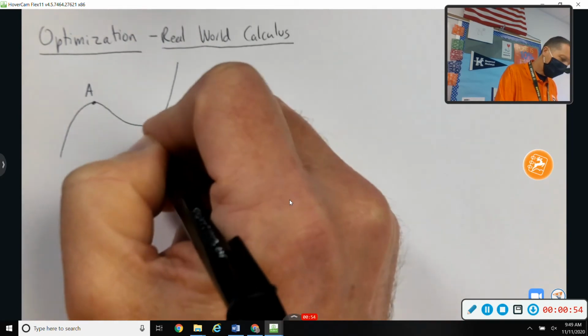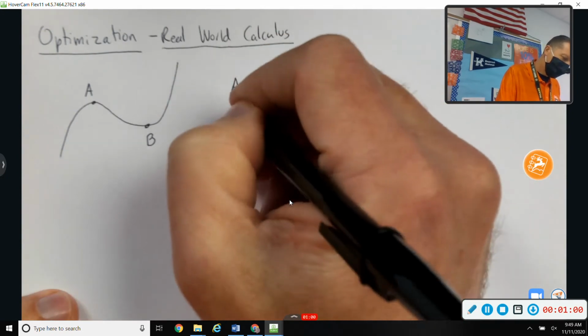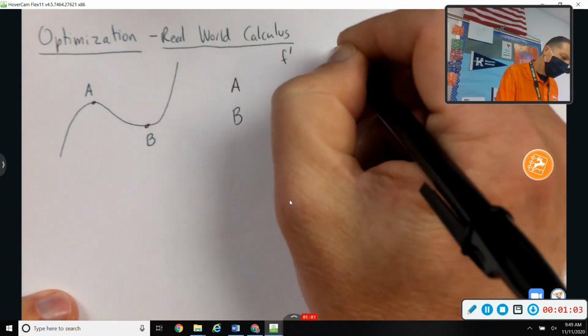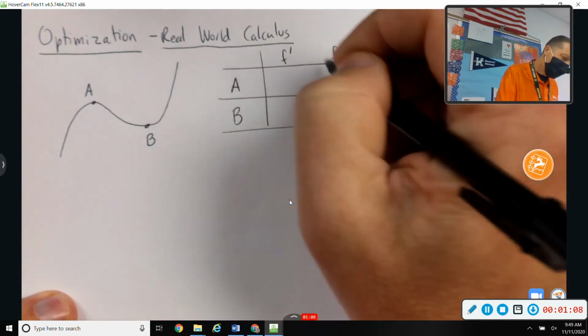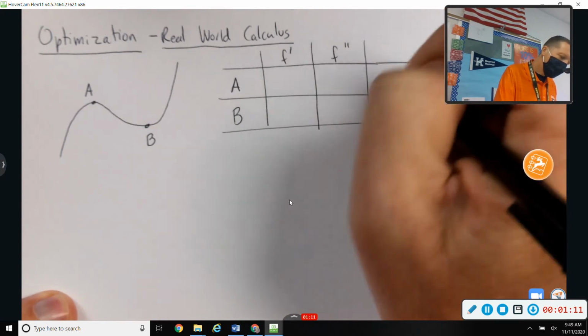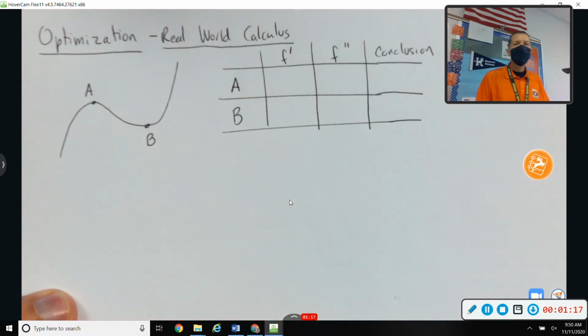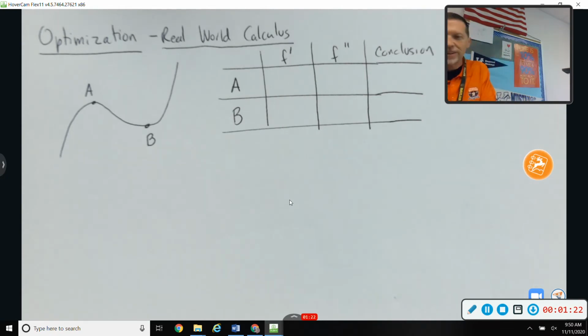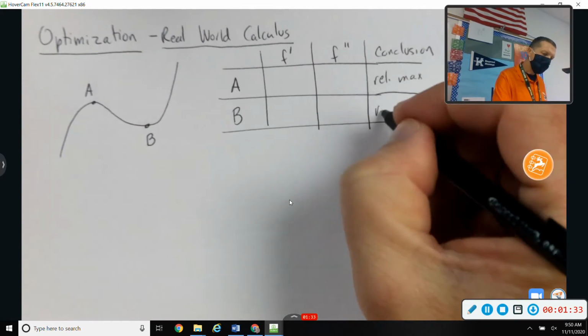We'll say that's point A and point B. Make a little table, and we're going to start with the conclusion first because we can tell from the picture. You can tell from the picture that A is a relative max and B is a relative min.